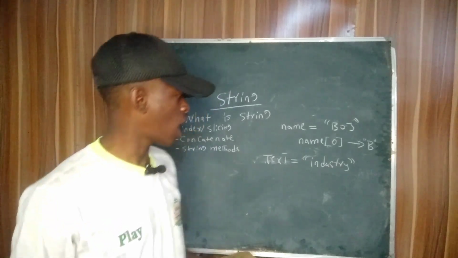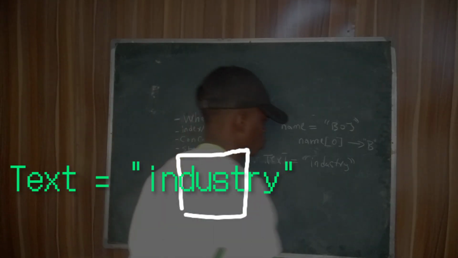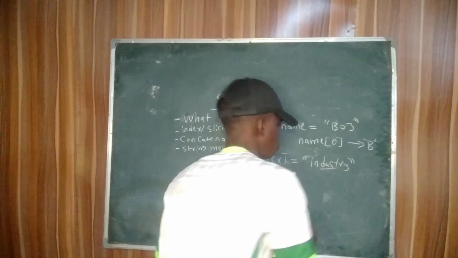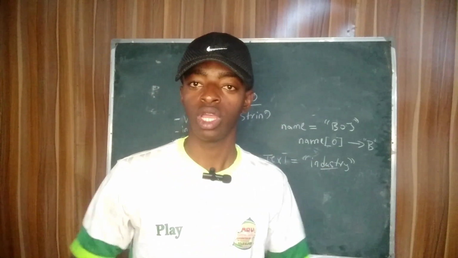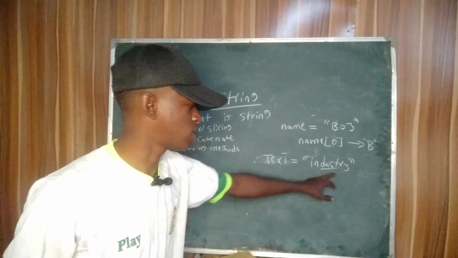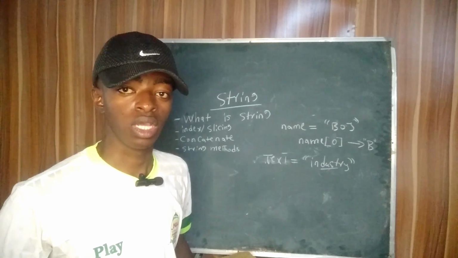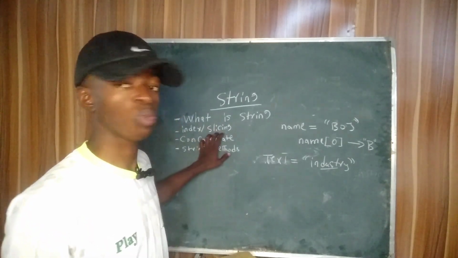Then I want you, from this industry, to take only dust, this one. I want you to slice the word dust from this string industry inside this variable text. So how can you do that? In this case, we're going to use the method of what?